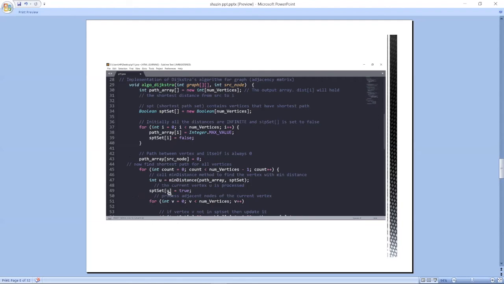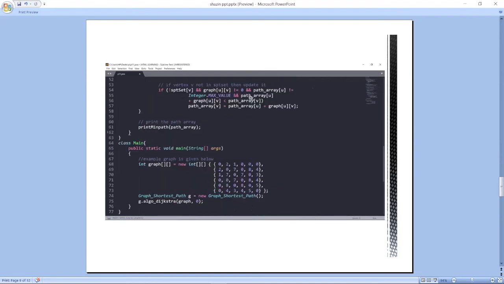If the vertex is in the shortest path set, then we will process the adjacent nodes of the current vertex. If the vertices are not in the shortest path set, then we need to update it.